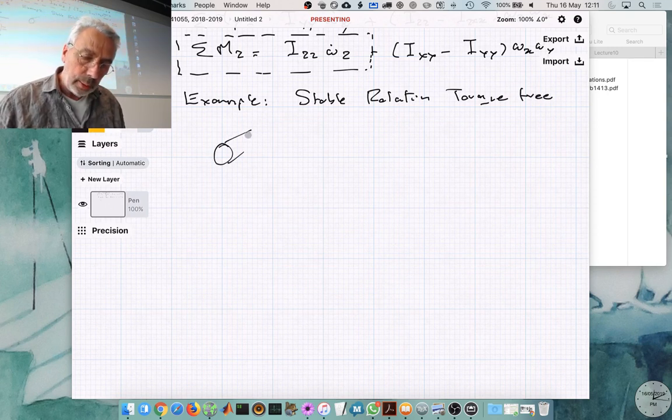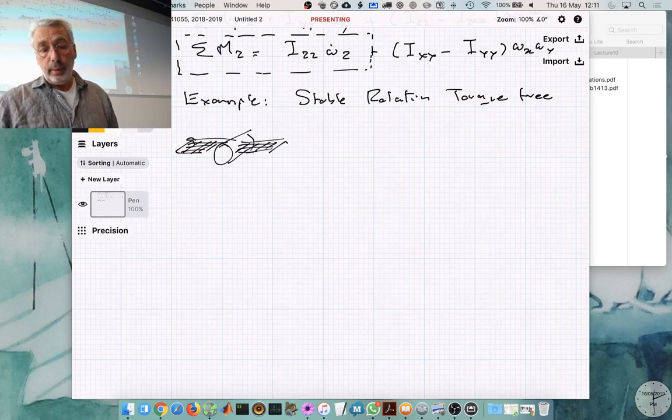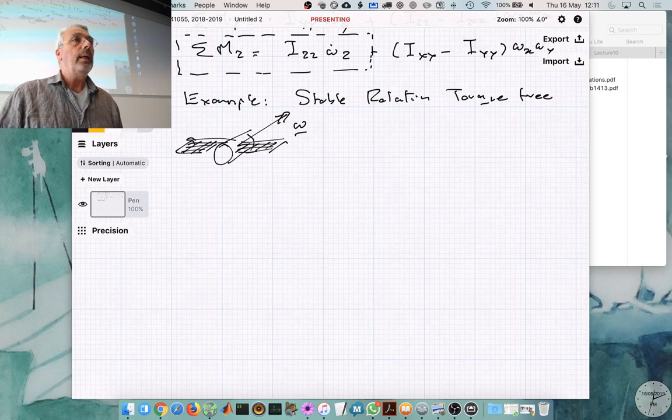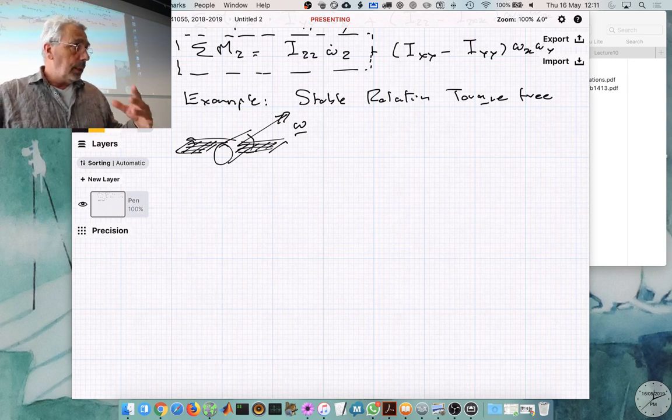I have some satellite in space, and these are solar panels. You all recognize these are solar panels. And the satellite has some angular speed, omega. And I'm curious, is that a stable configuration?